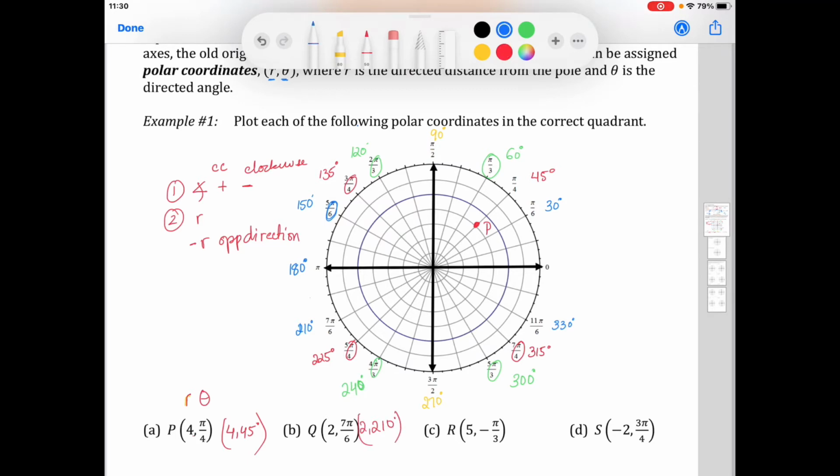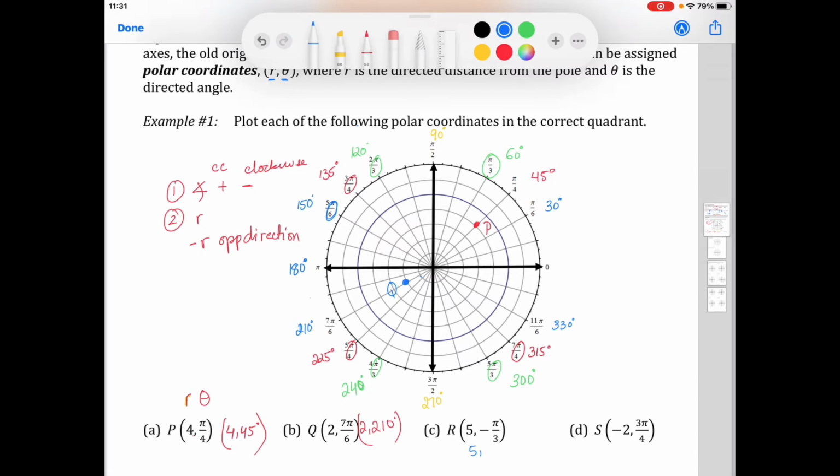So 2 comma 7 pi over 6. I'm going to change the color. 7 pi over 6 is here, and 2 means outside 2, so I am going to place my 2 here. 1, 2. So that is your point Q.